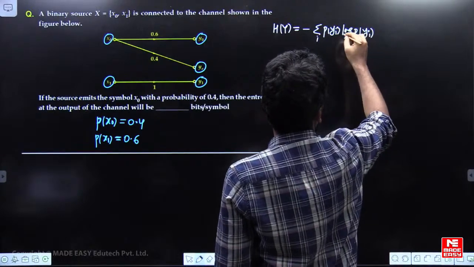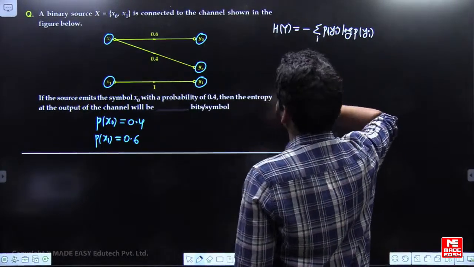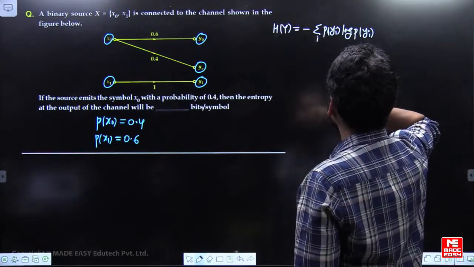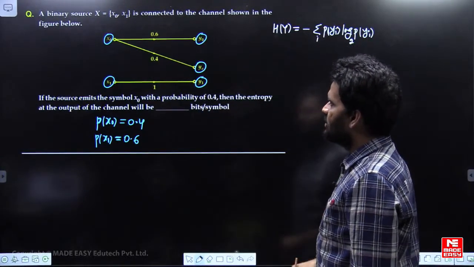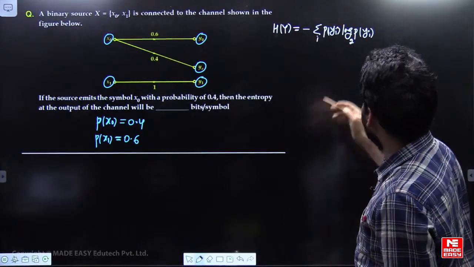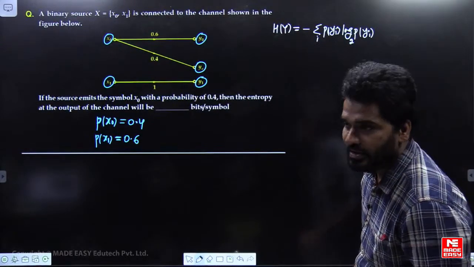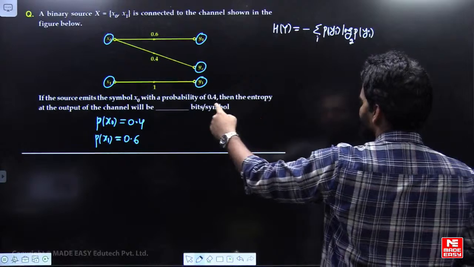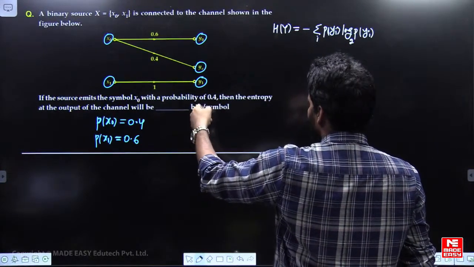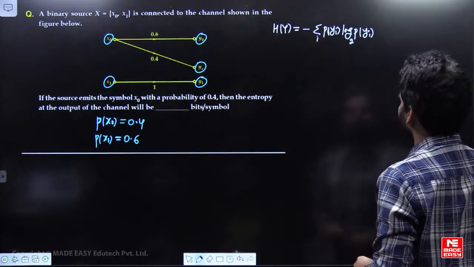The base will be 2 because the units expected are bits per symbol. If the units expected were nats per symbol, then base e. If decits per symbol, the base will be 10.